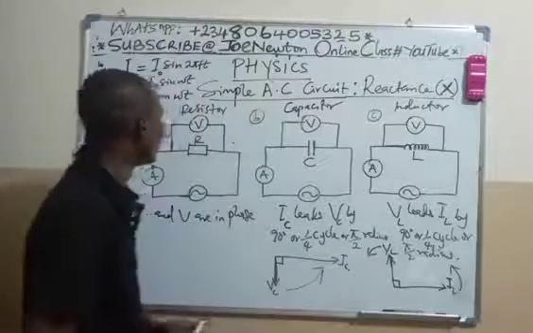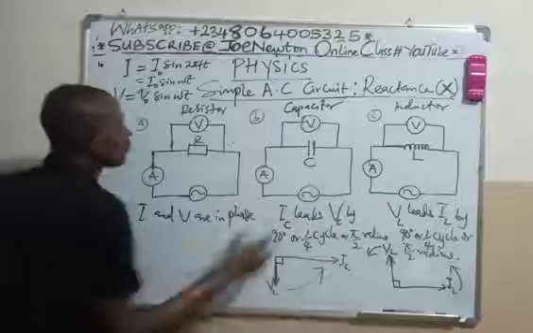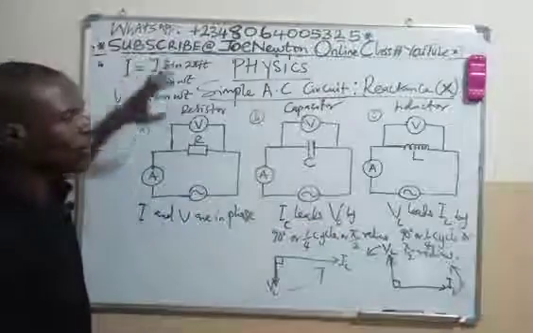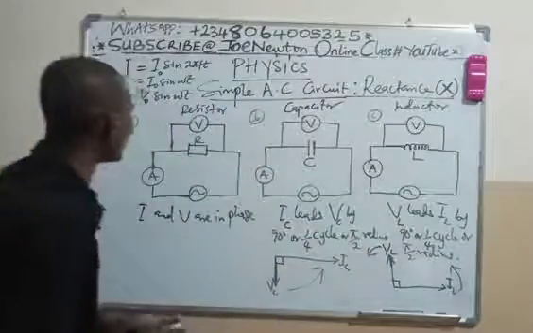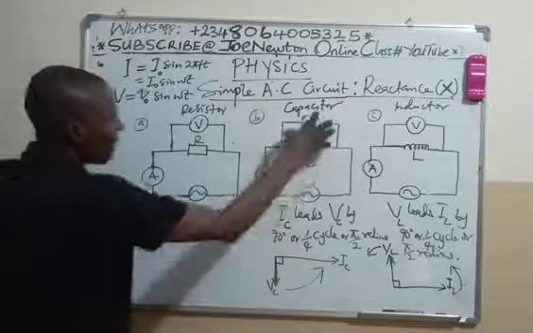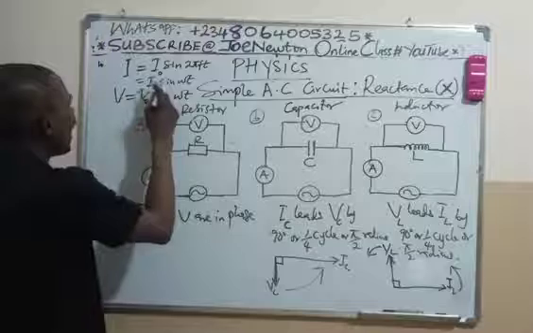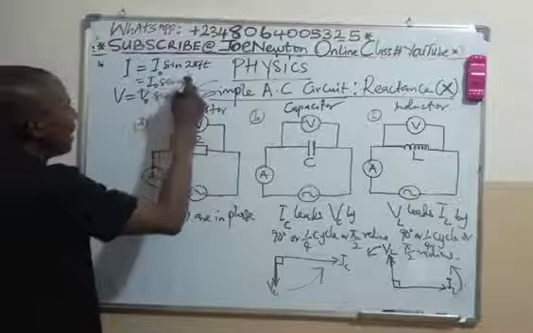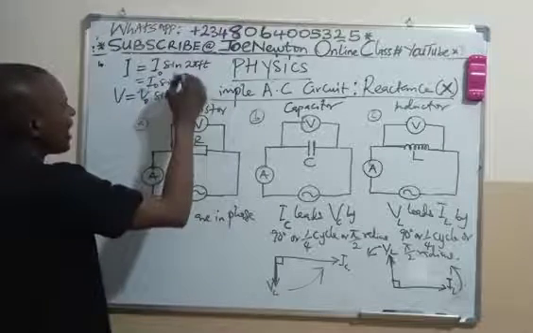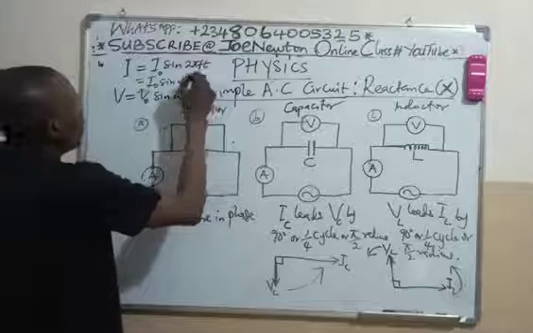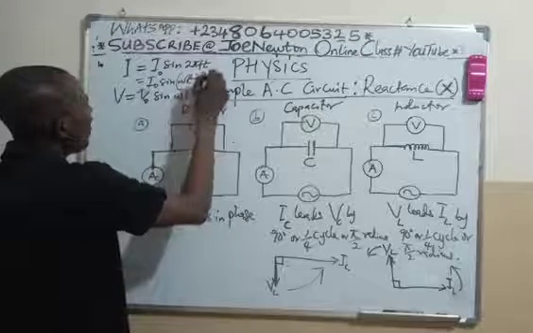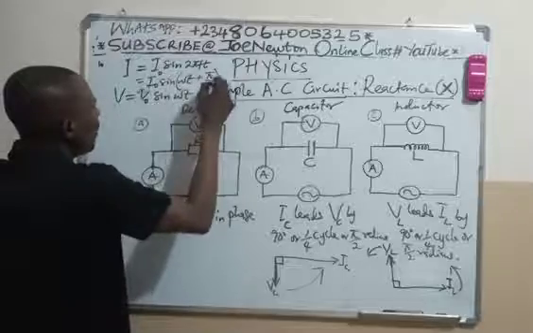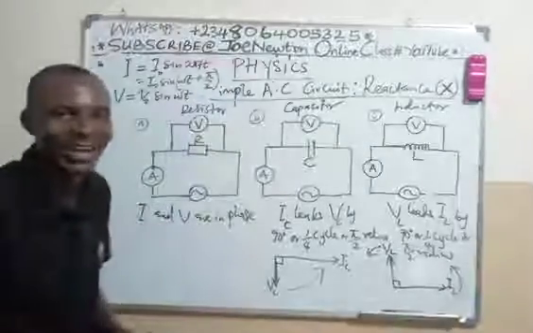So here V leads. Now, if we use the basic equation of AC to represent what happens to the current in the case of a capacitor, this I sine omega t becomes I sine (omega t plus pi/2), because the phase angle increases.